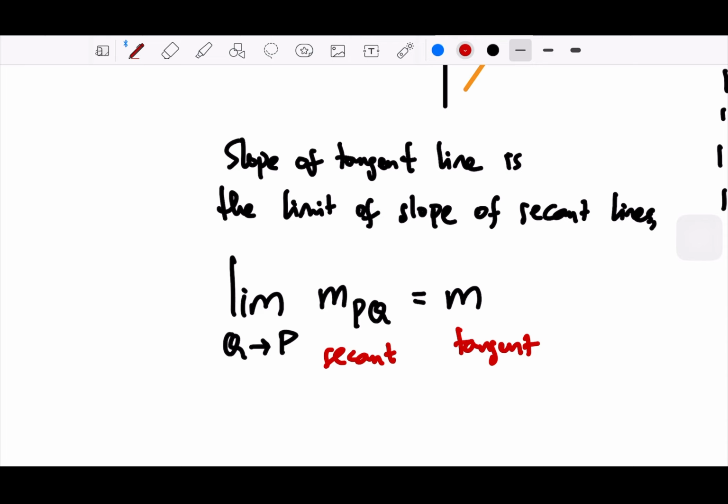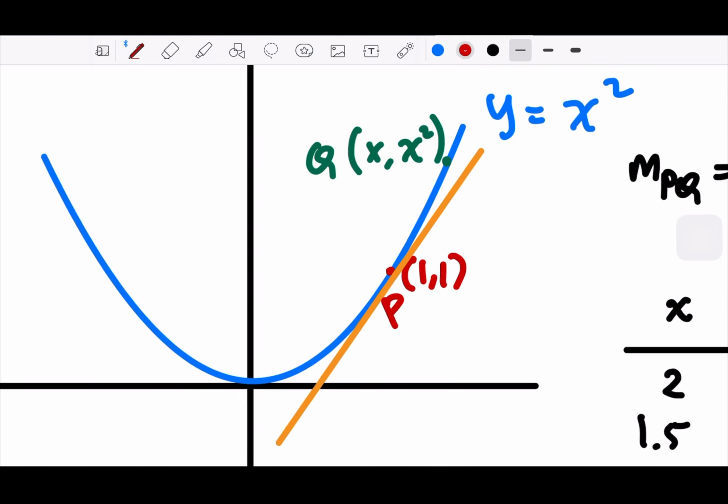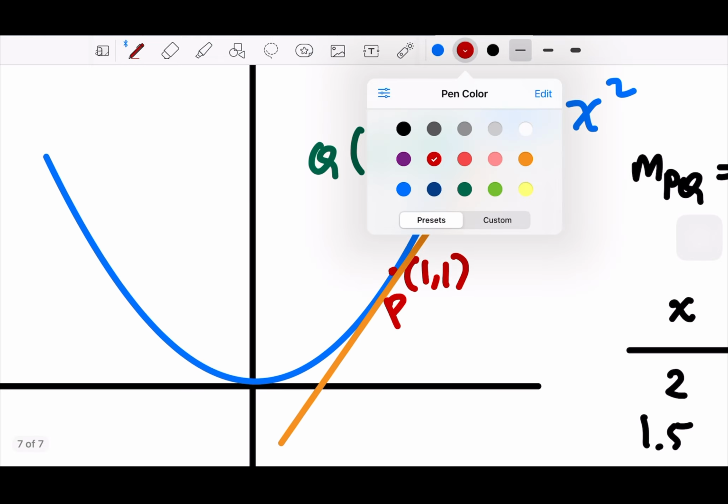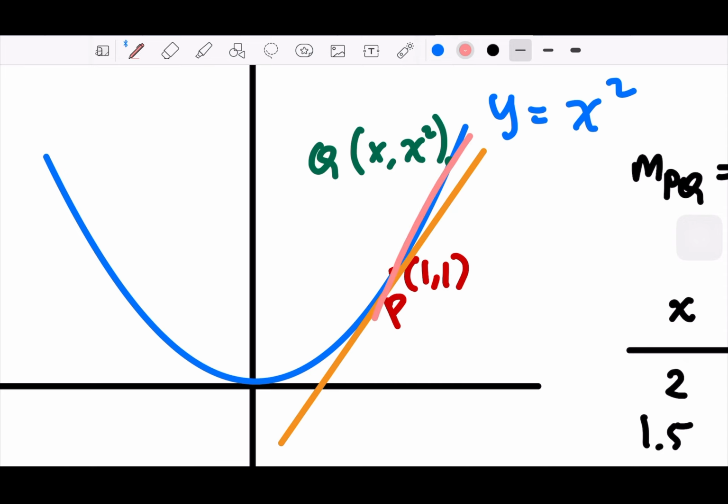Secant means it's actually cut. Okay, so if you have a graph and you connect a line from points on the curve and it's cutting the curve, it's called the secant, like we did here. This is the secant. Let me draw. Okay, the pink one, it's the secant.